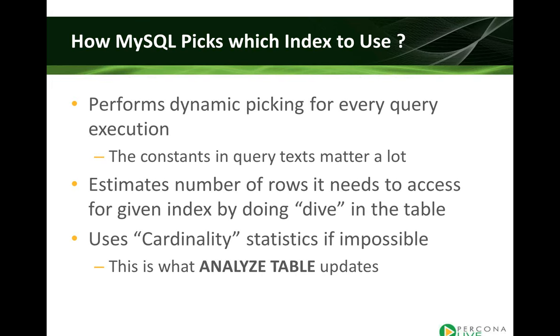What it does then is it estimates the number of rows it needs to access for a given table by doing what is called an index dive for estimation. And finally, in some cases when that is impossible, especially in some joins, it will have to take a look at the cardinality values to get the average selectivity information. And this is what ANALYZE TABLE really updates.